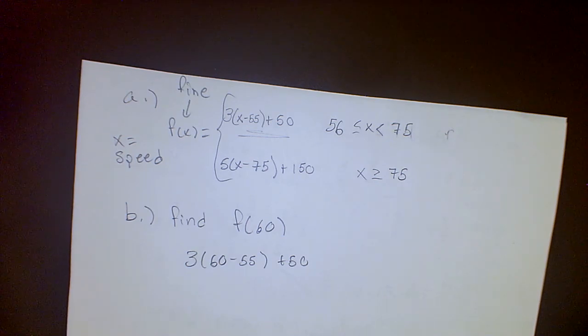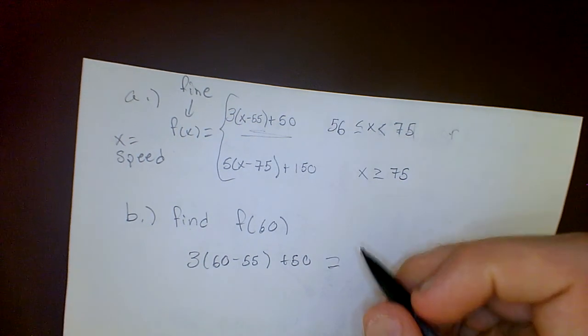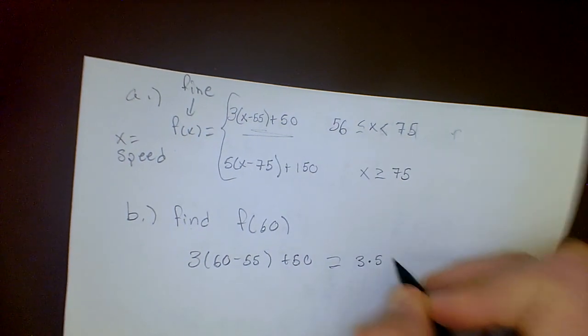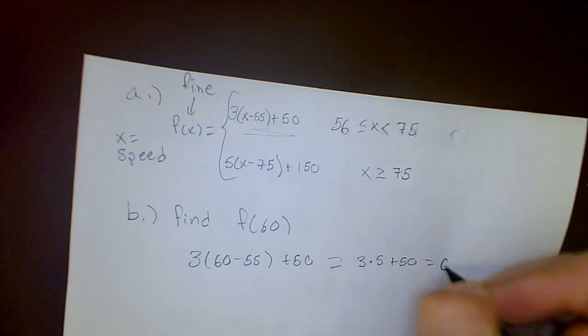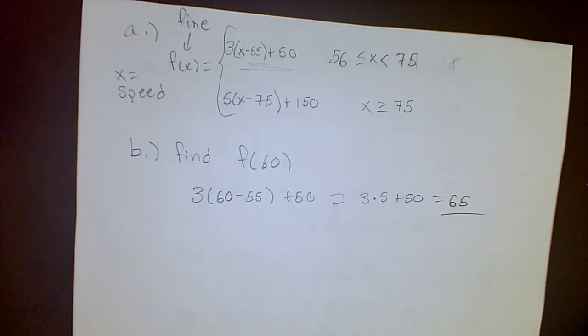So that's 3 times 5, that's $15, plus 50 is 65. But let's see if we get 65 back in our definition here. So it's 3 times 5 plus 50, which is 65. Okay, that's good. So that would be your ticket. You'd have a $65 ticket in Peach County, Georgia.